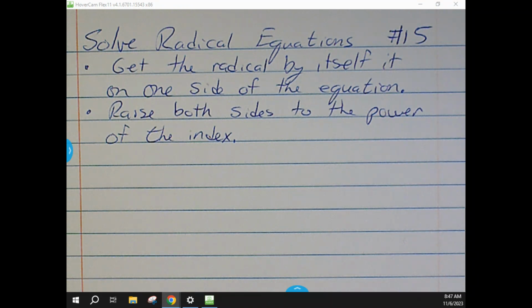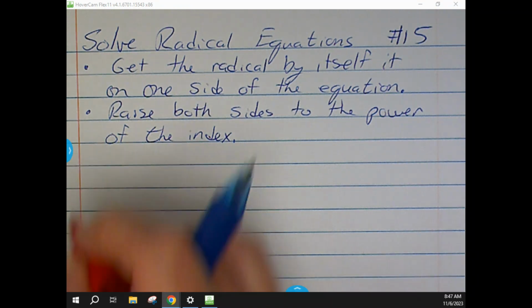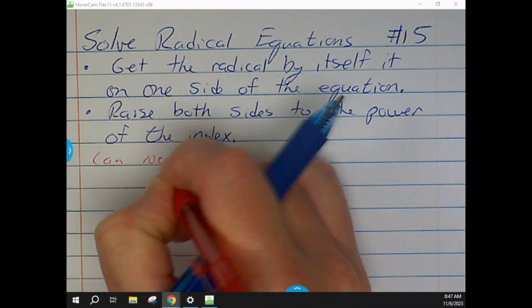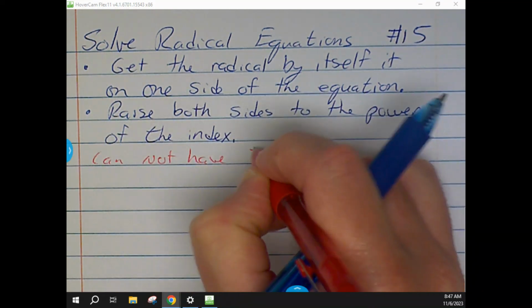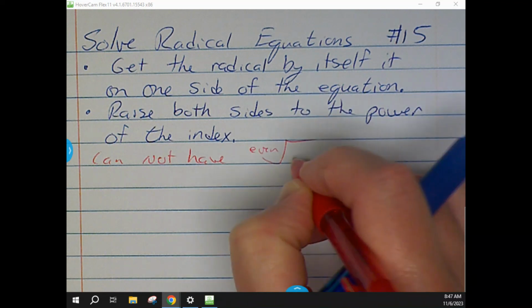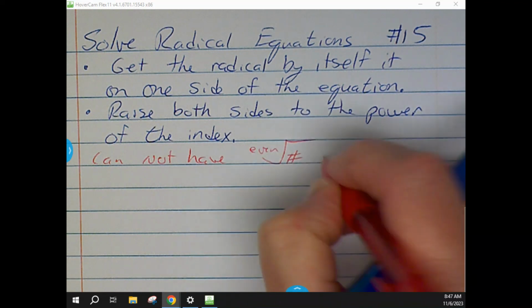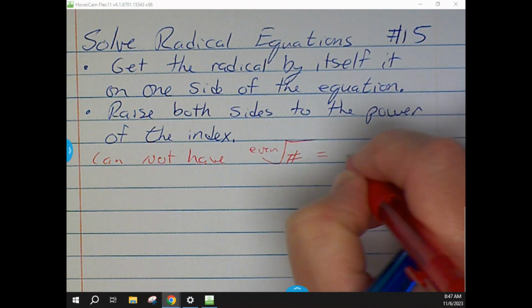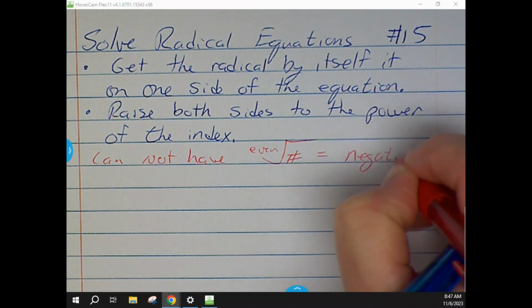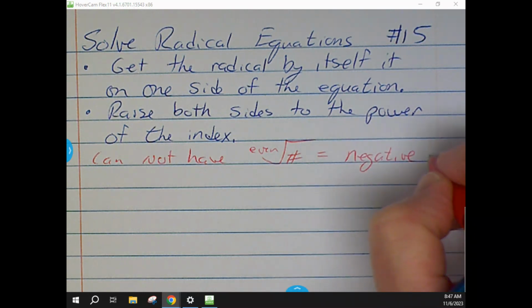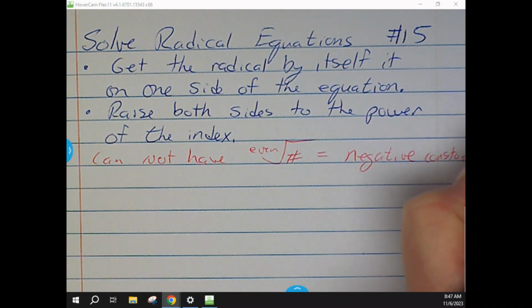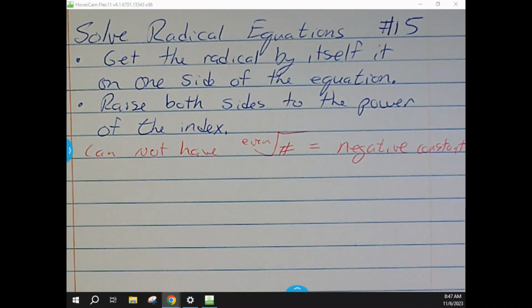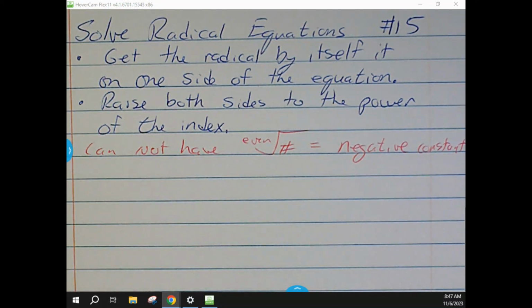One small note as you're going through these. Remember, you cannot have an even index of some expression, some number, whatever it is that you've got, equal to a negative number. Third root we're okay, fifth root we're okay, but you cannot have an even root equal to some negative constant.